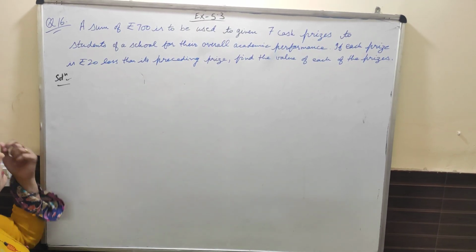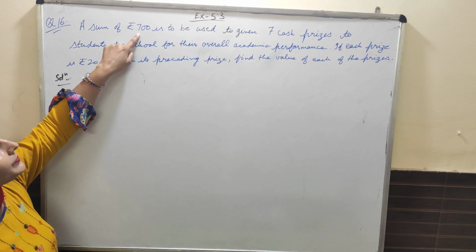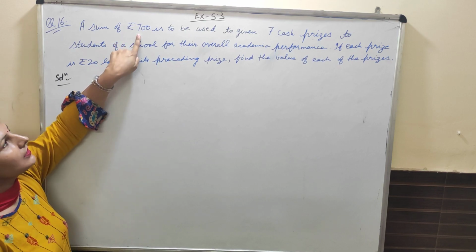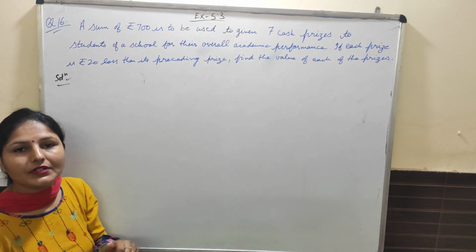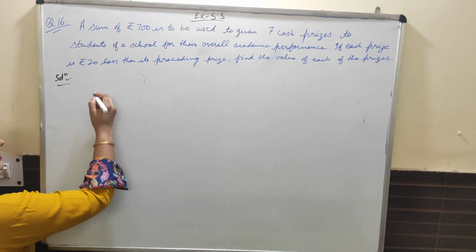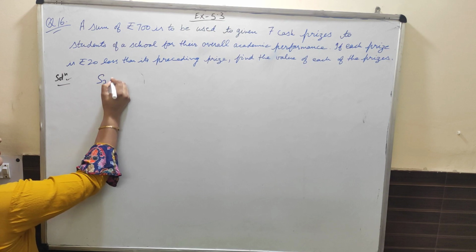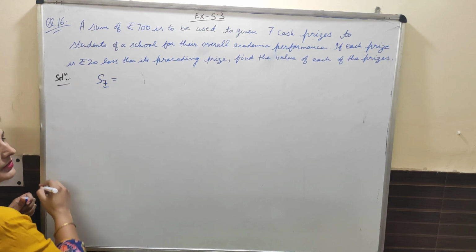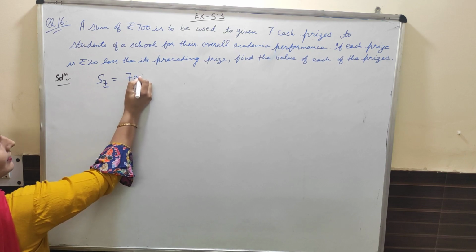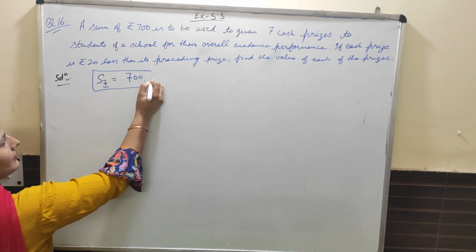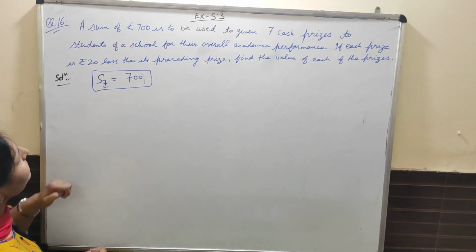Question number 16. A sum of rupees 700 is to be used to give 7 cash prizes. Sum of 7 terms means 7 cash prizes is rupees 700. It means we are given S7 here.